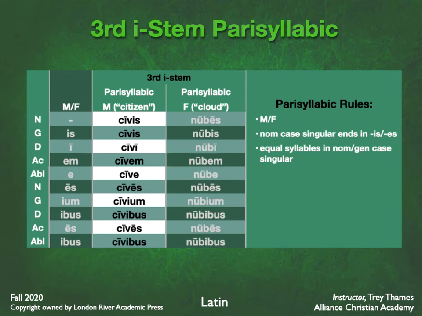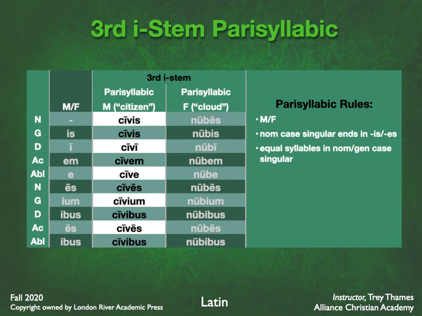But if they are parisyllabic and it's either masculine or feminine gender, and if the nominative case ends in an is or es, like you have here, civis, then it is a third declension I stem noun. If it doesn't meet all three of these characteristics, then it's not an I stem, and it means you would decline it as a regular third declension noun.